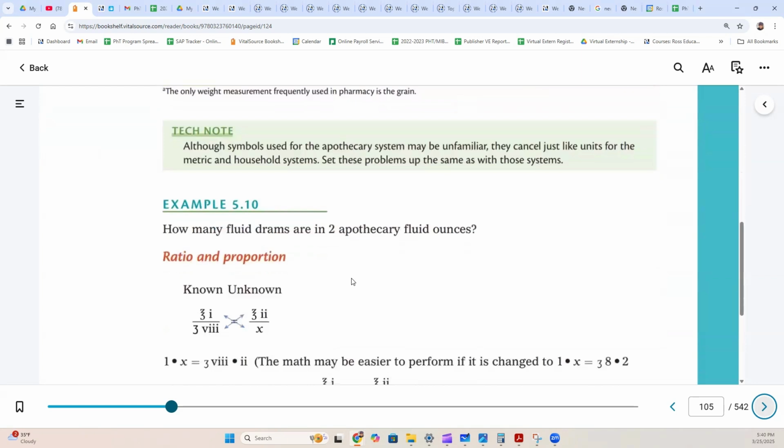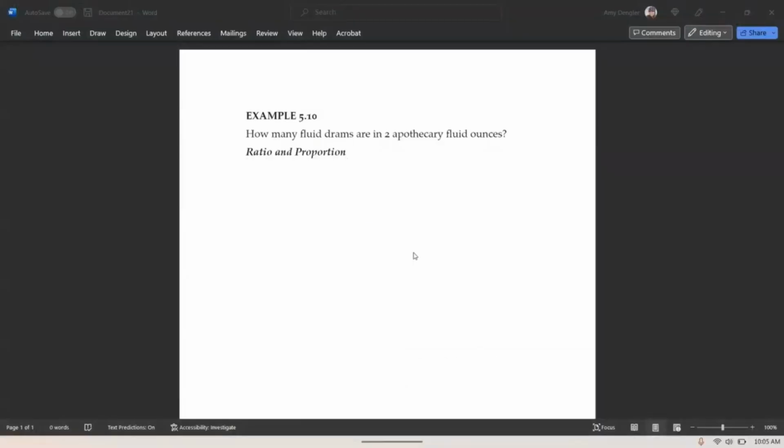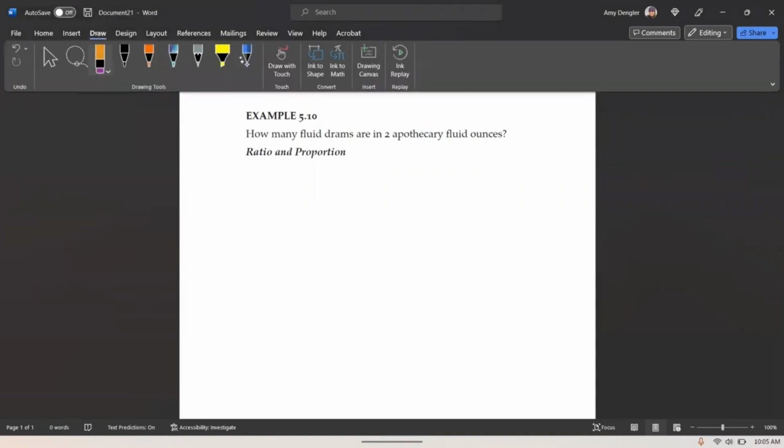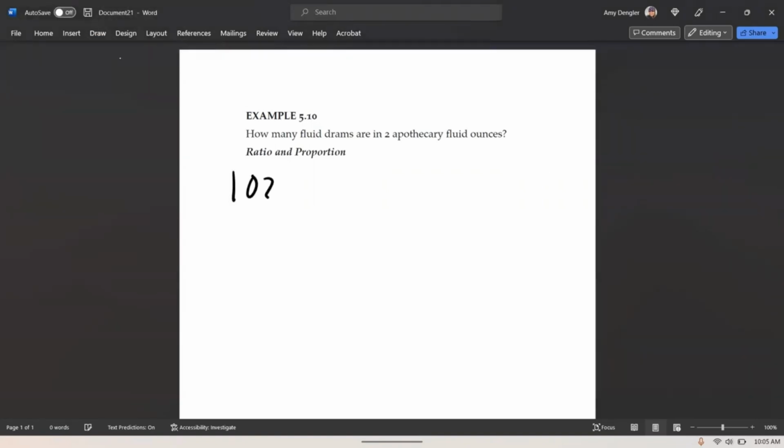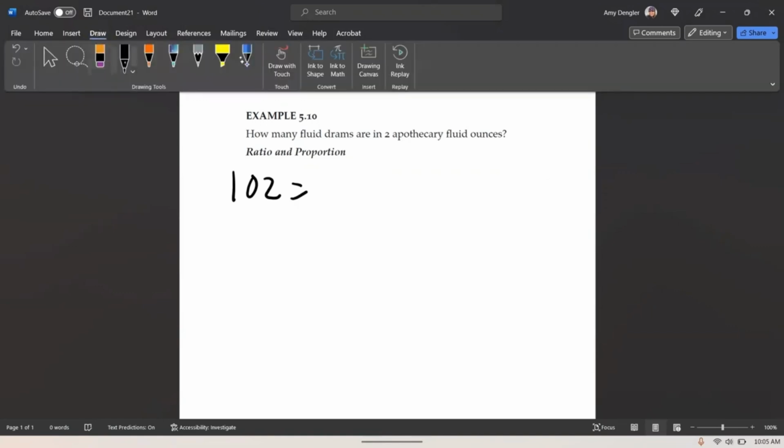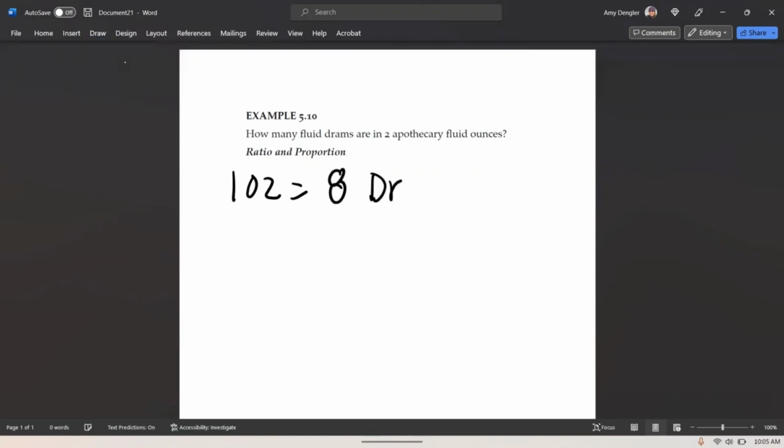And let's do our first problem, example 5.10. All right, so if we look at our conversion sheet, we can see that 1 fluid ounce is equal to 8 fluid drams.